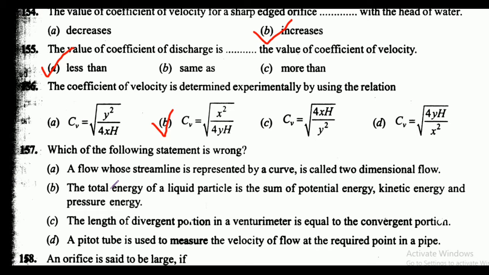Option D, a pitot tube is used to measure the velocity of flow at the required point in a pipe. So here friends, correct answer is option C, that is this statement is wrong, that is the length of divergent portion in a venturimeter is equal to convergent portion. This statement is wrong here.